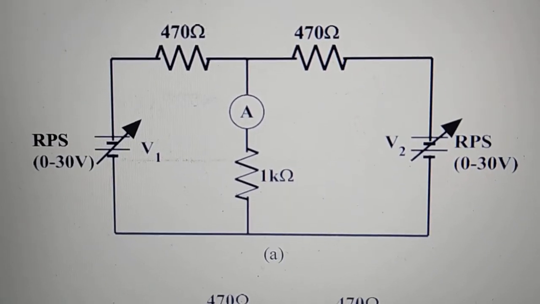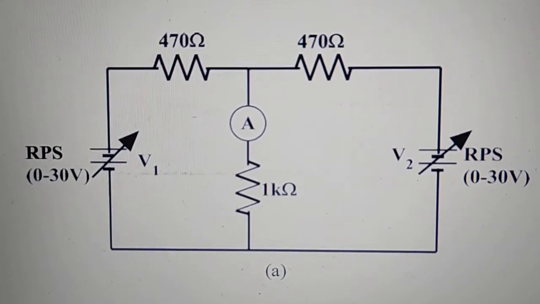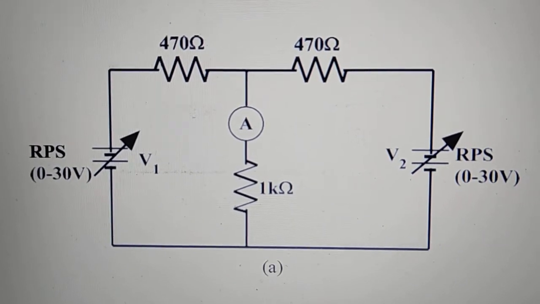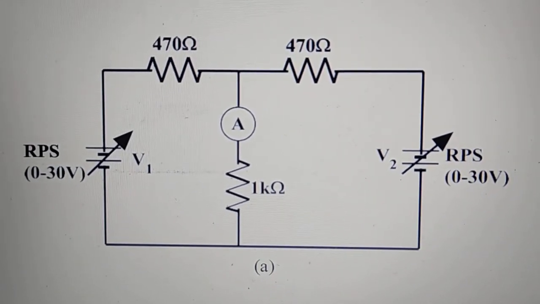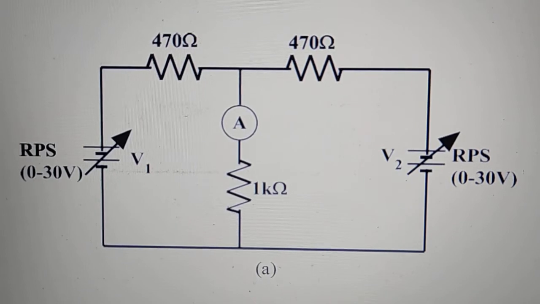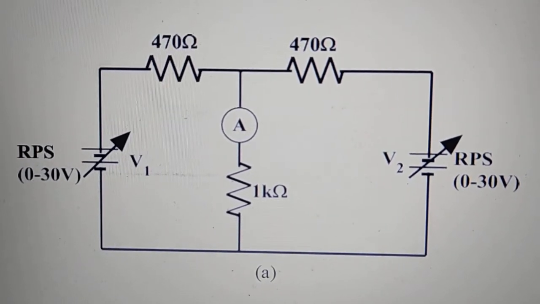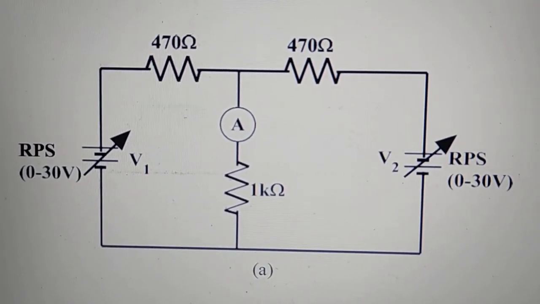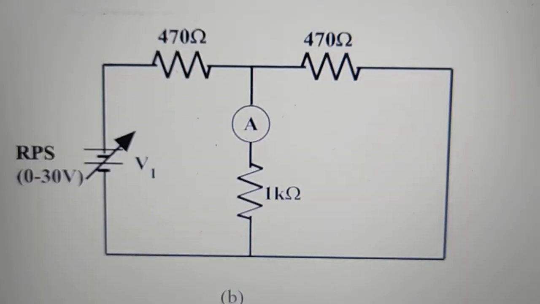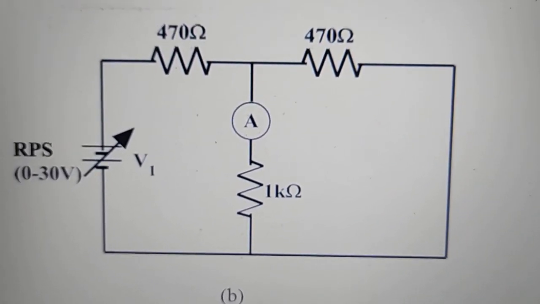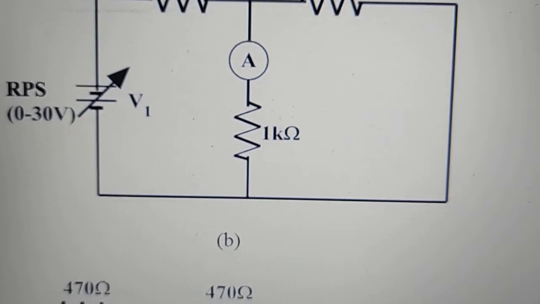In obtaining the response across any element according to the superposition theorem, we need to replace the source with its internal resistance. The internal resistance of a voltage source is 0, so the 0 resistance is replaced with a short circuit.